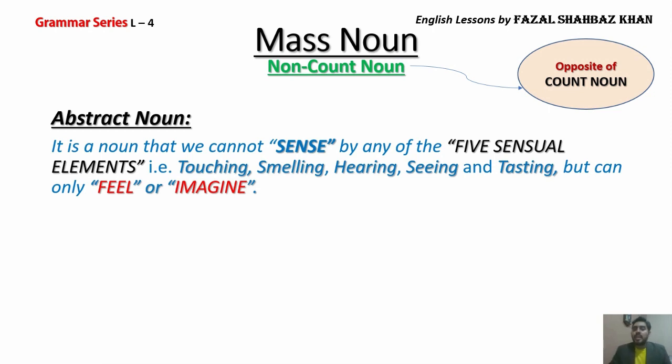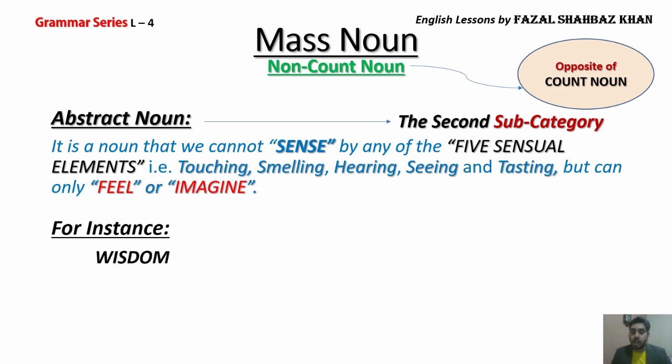It is a noun that we cannot sense by any of the five senses, either touching, smelling, hearing, seeing, or even tasting. We can't use any of the senses here, but we can simply feel and imagine. So that's not to forget the second subcategory and the last category of a mass noun.